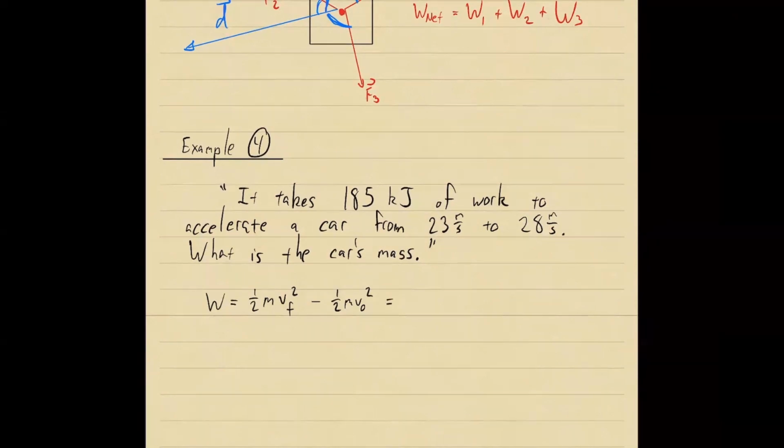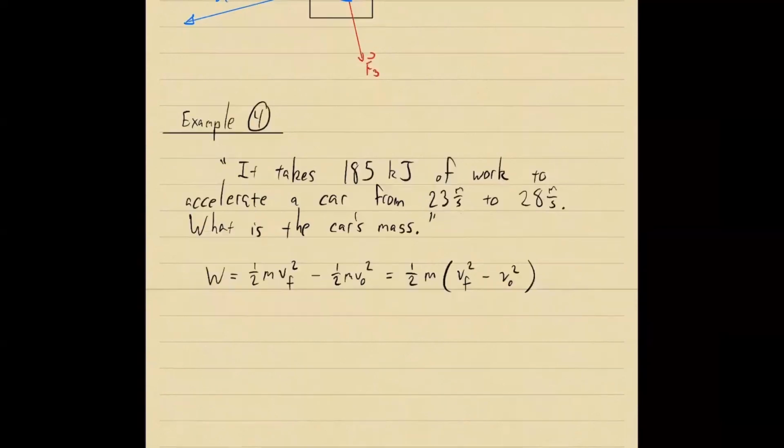So we notice that this is the same mass in each term. It's going to be 1/2 times the mass of our car times the final velocity squared minus the initial velocity squared. So on the left-hand side, we have the work done.